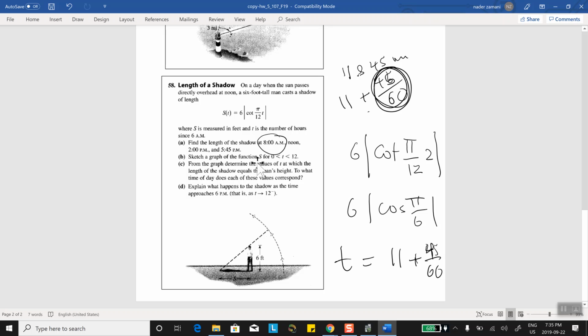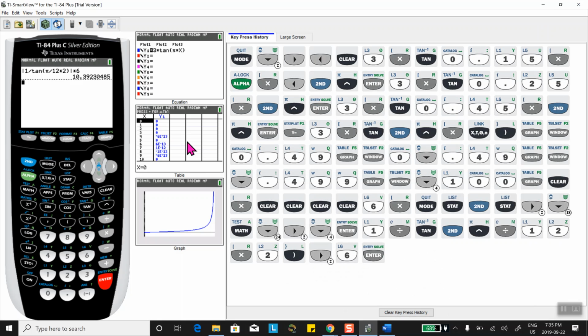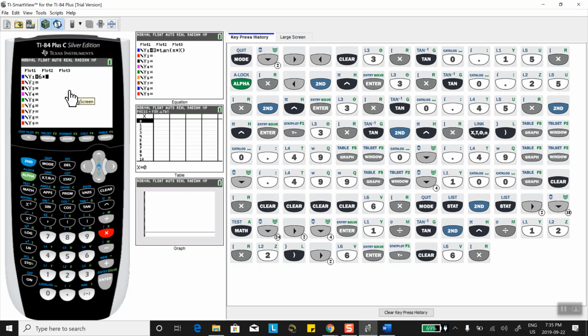Then you just graph this. Okay? Let me graph this thing for you. Let's go ahead and graph it between 0 and 12. Okay, so it's going to be ugly here. So let's go graph on my function right there. Let me clear that. So it's going to be 6 times absolute value. Where did I find the absolute value?